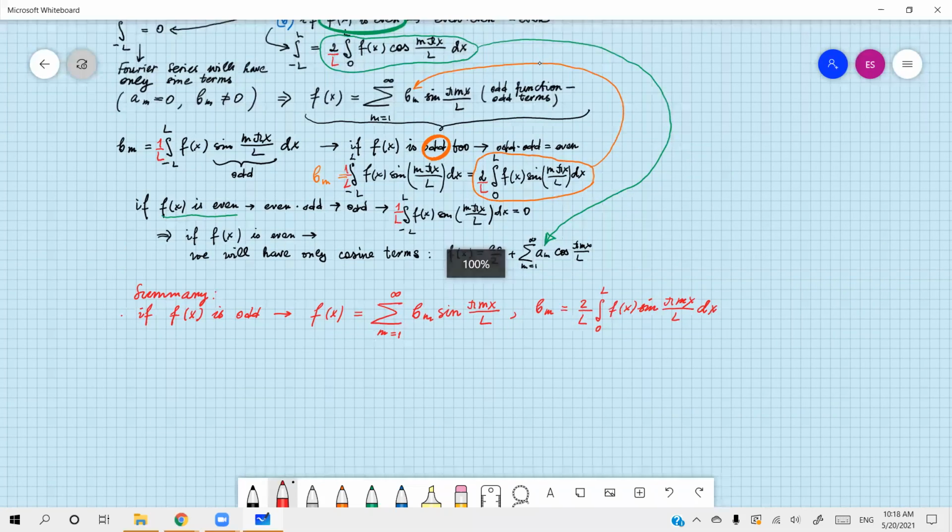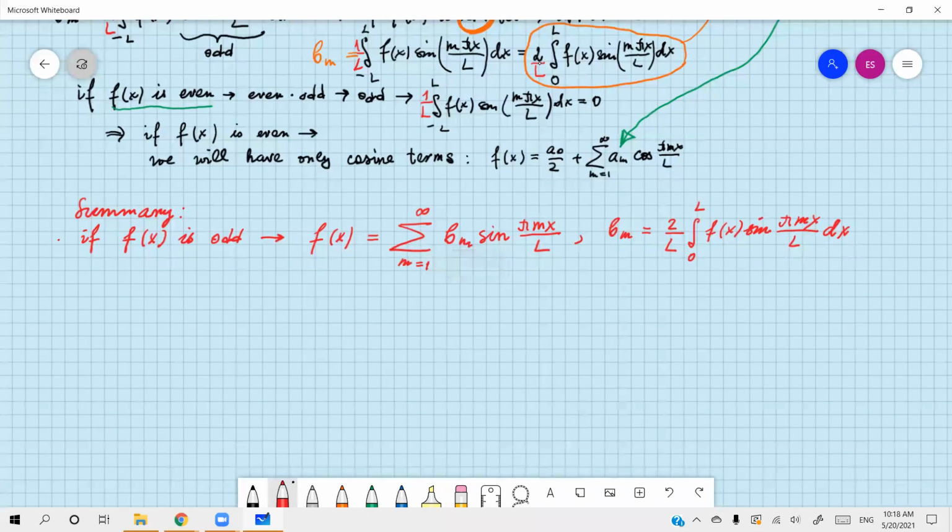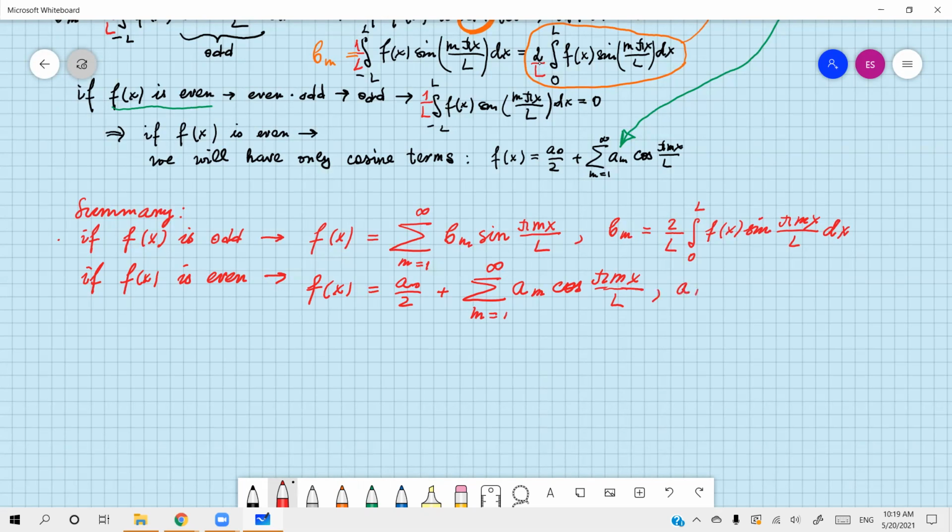Now, if f of x is even, it's going to have only even terms, and f of x is going to be a0 over 2 plus the sum of am cosine of pi m x over L, m equals 1 to infinity, and am is calculated as 2 over L, integral from 0 to L, f of x cosine of pi m x over L dx, of course.